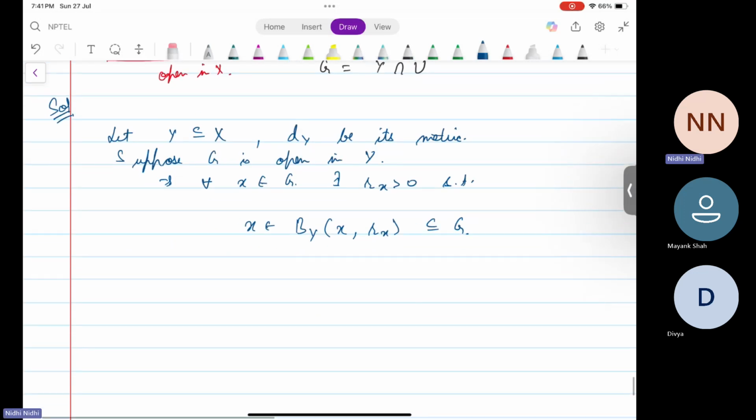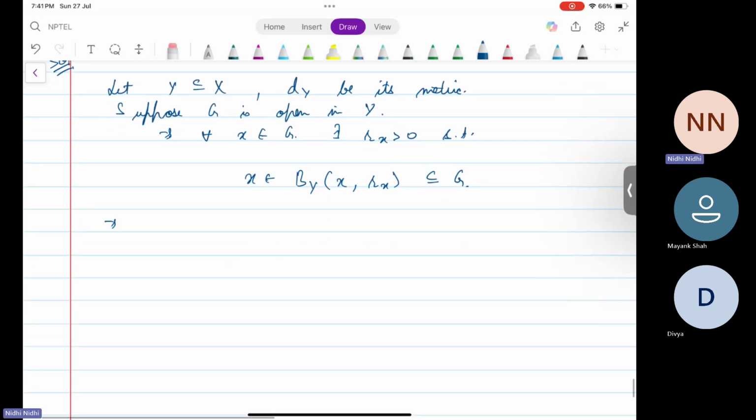That means x belongs to the set of all those y in Y such that the distance between x and y is strictly less than r_x. This is contained in G. So this is the definition of the open ball.